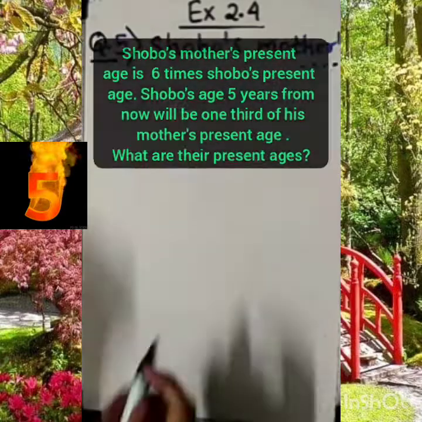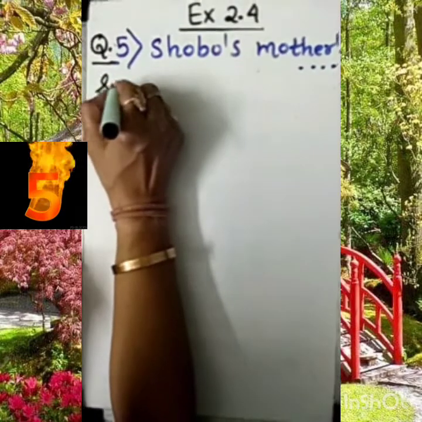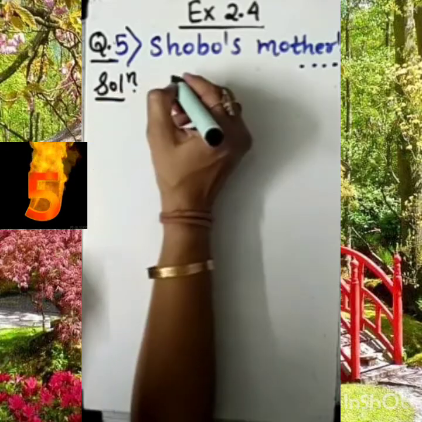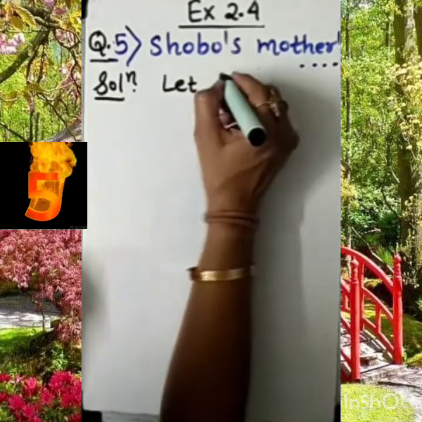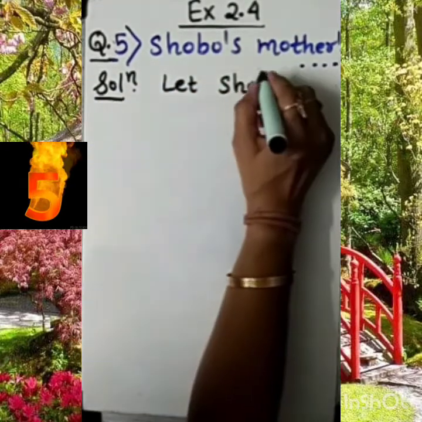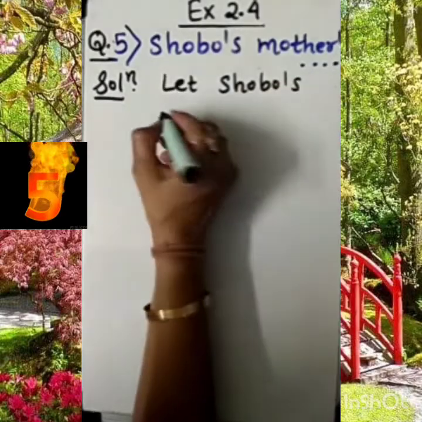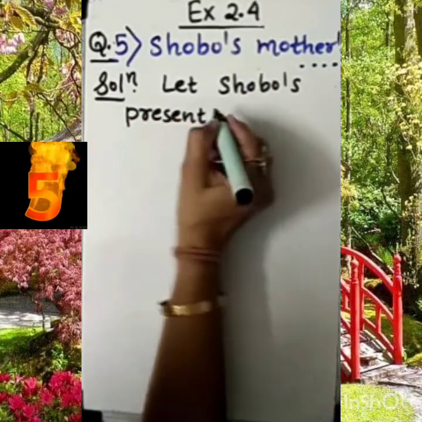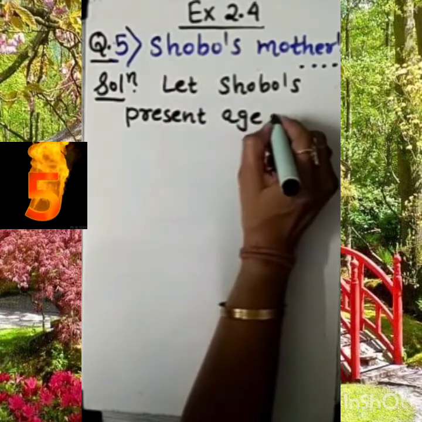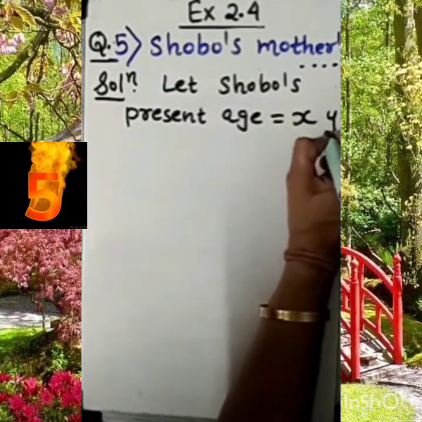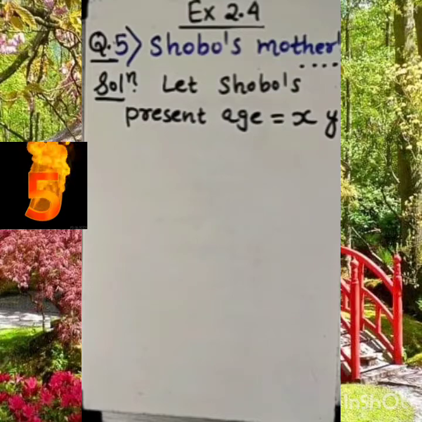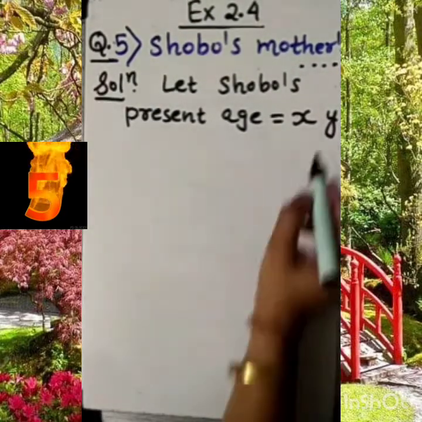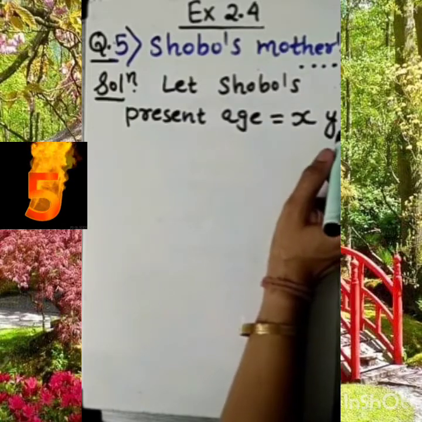So, dear student, in the solution, what we are going to do? Let Shobo's present age be x years. Here y in small letter is for years.